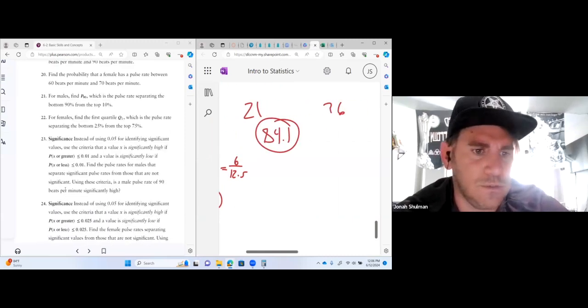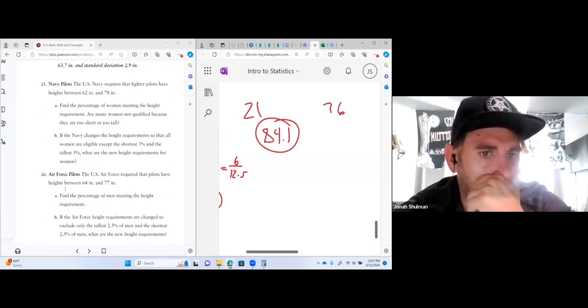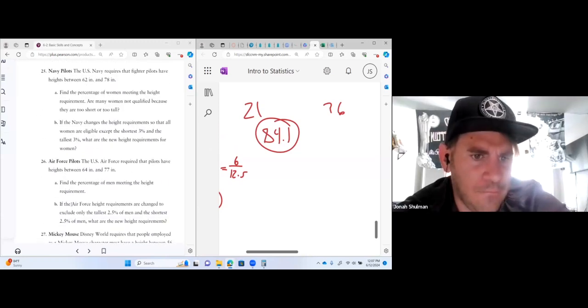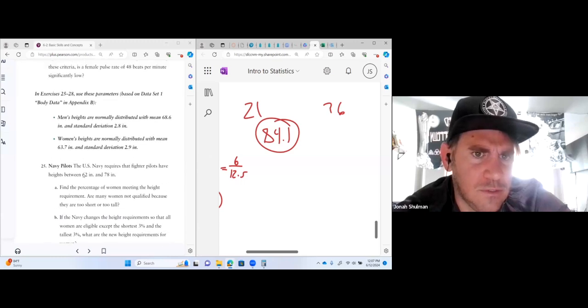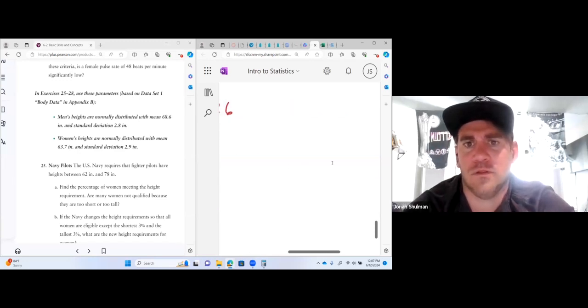And 26. If the Air Force heights changed to exclude only the tallest and the shortest of men, what are the new height requirements? Okay, so you have to use the body data. Men's heights, this will be the last one I do.